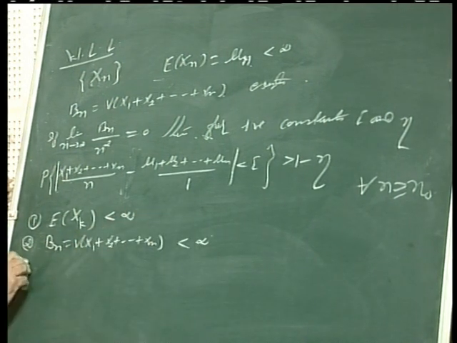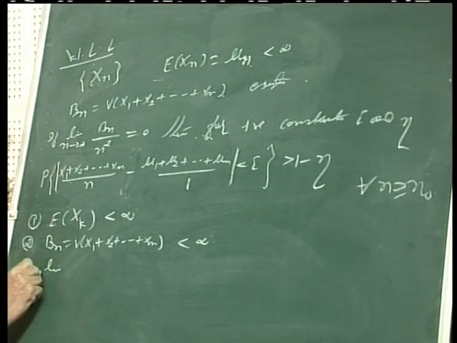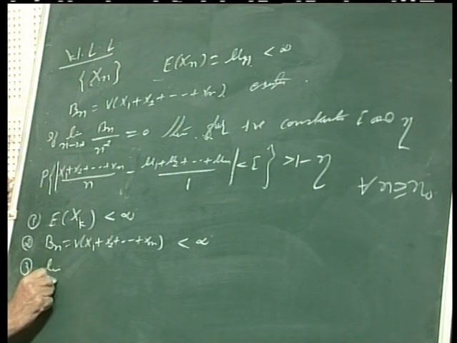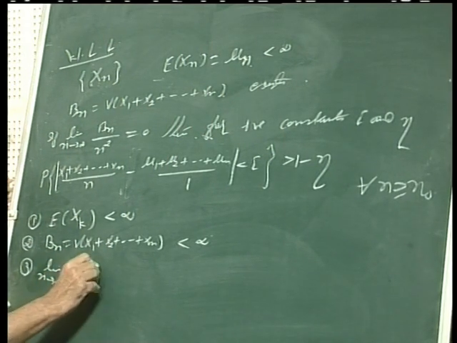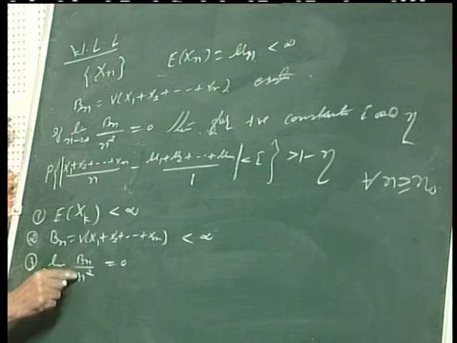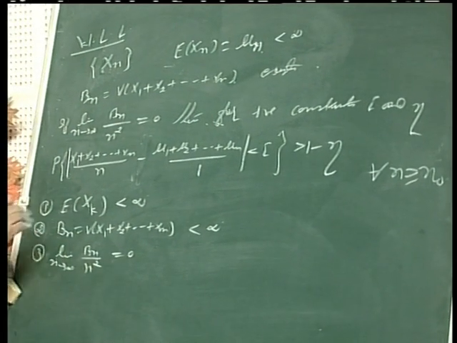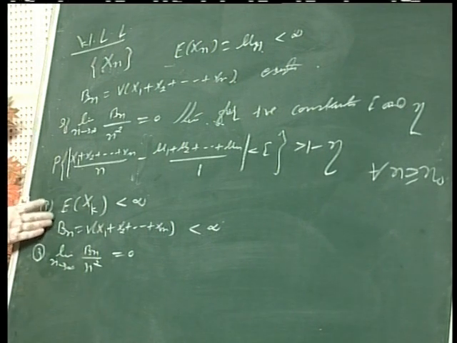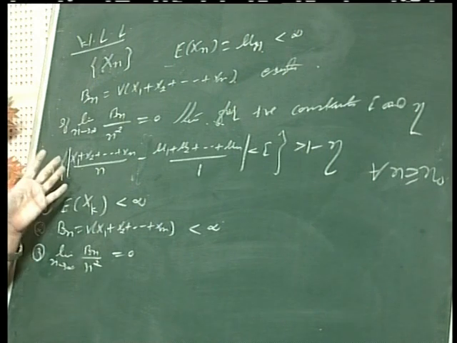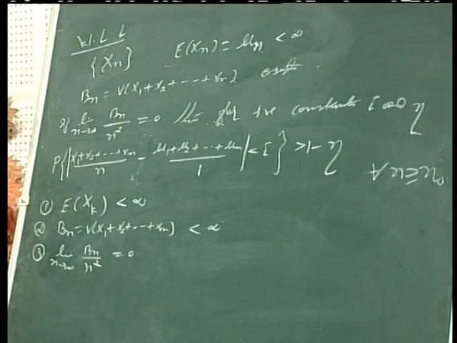So that is also a finite quantity. And third condition, that limit n tends to infinity bn upon n square should tend to 0 as n tends to infinity. So these are the three main conditions. If these three conditions are satisfied, then we can say that weak law of large numbers can be applied.